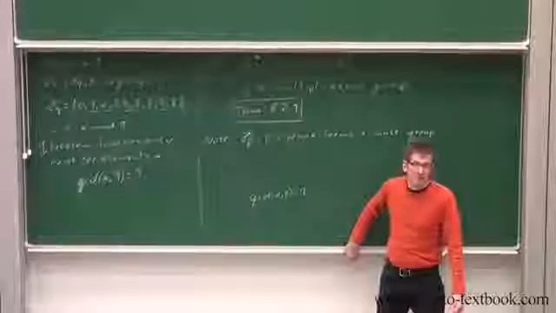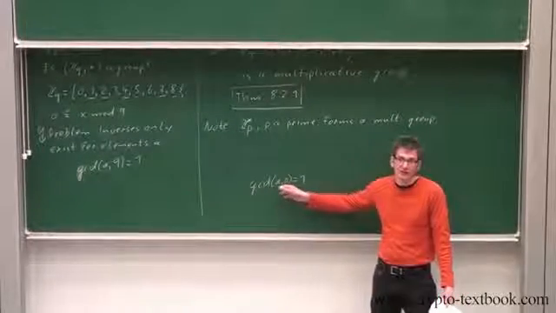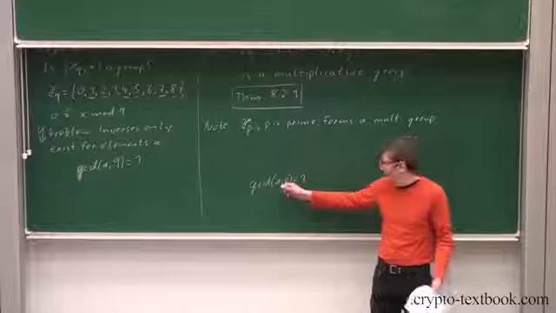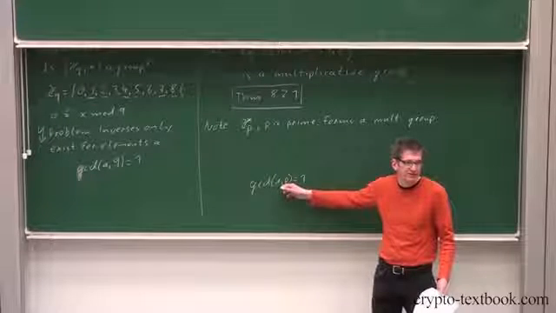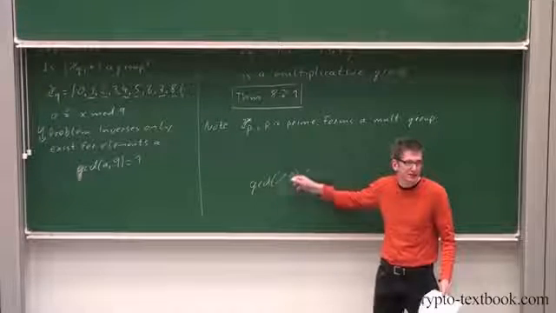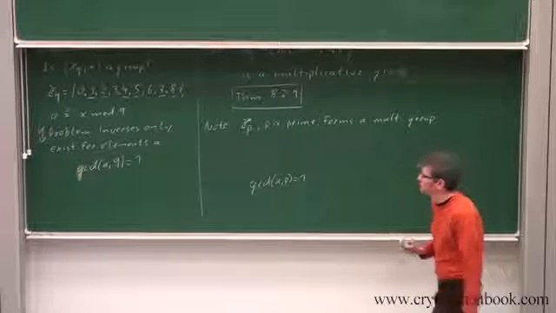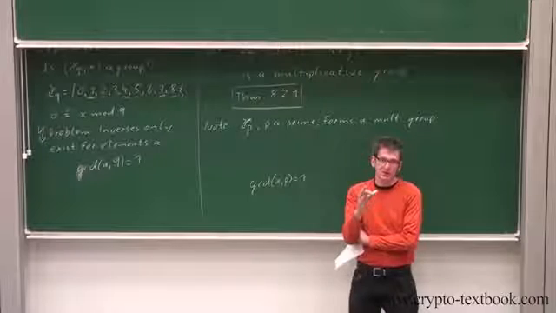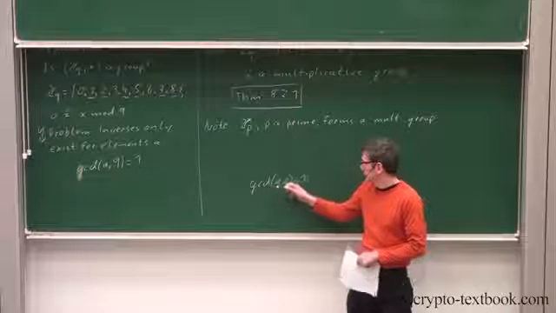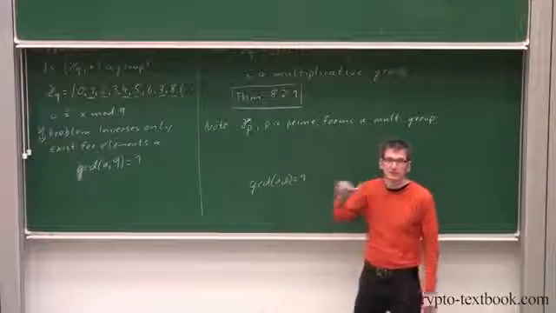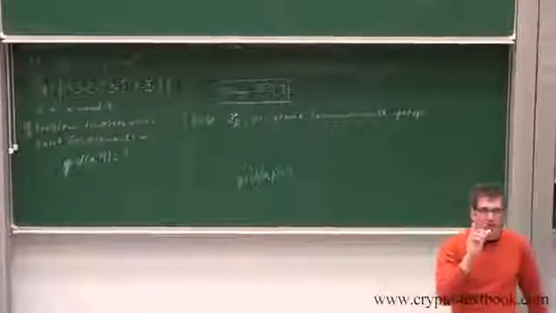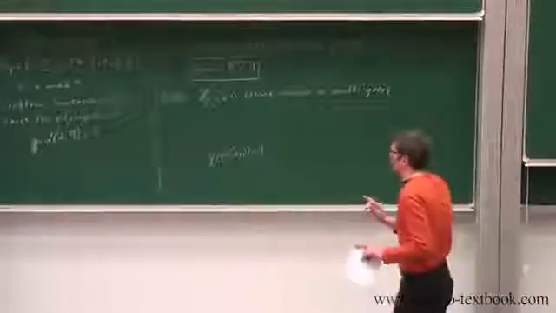For which elements is that fulfilled? Pretty much all elements, because P is a prime, right? It doesn't have a divisor. With one exception. Which of the numbers 0, 1, 2, 3 up to p minus 1 is not relatively prime to p? Yeah, 0. You have to kick the 0 out, and that's the only one you have to kick out.